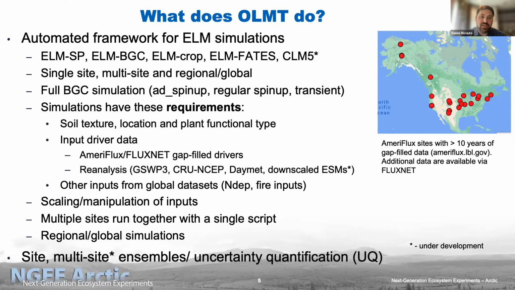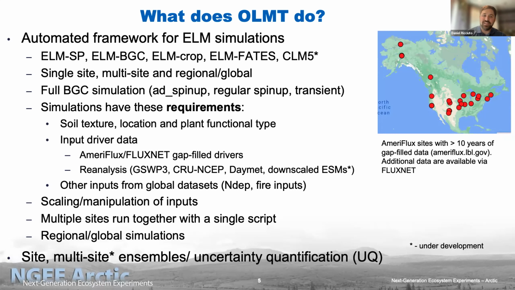We can use this framework for single site simulations, multiple sites, and regional and global. Today we'll be focusing on regional simulations. Running these full biogeochemistry simulations can be quite complex because we have to worry about spinning up the carbon and nutrient pools to steady state, generally using pre-industrial forcings.